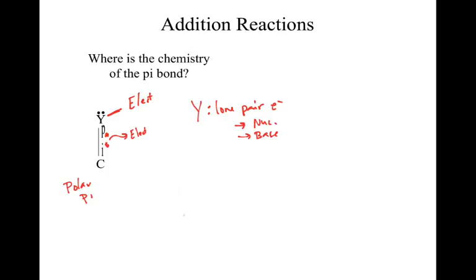We also said that this is a polar pi bond. The reason it would be polar is that whatever we know about Y must be more electronegative, and that would be our chi symbol for electronegativity. More electronegative than carbon.